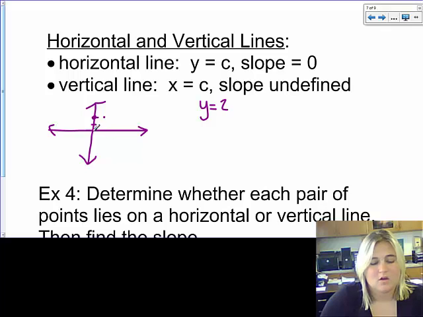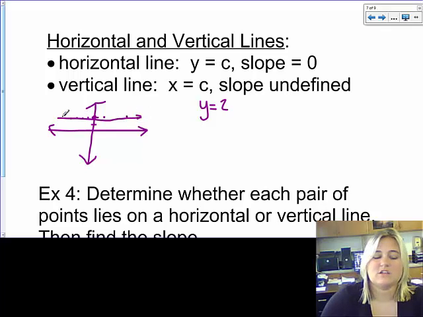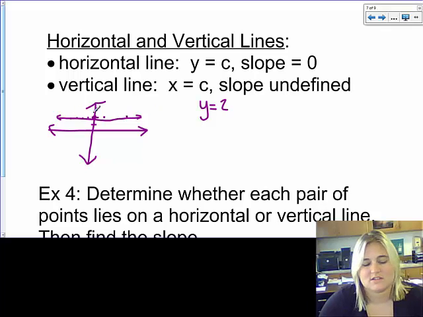I could go right 5 up 2. Y is still equal to 2 there. I could go left 3 up 2. Y is equal to 2 there. You'll see that I'm just dotting along here. Pretend like it actually hits, my line for y equals 2. And I have a slope of 0 because it's not rising or falling at all. It's just staying that constant flat horizontal line.